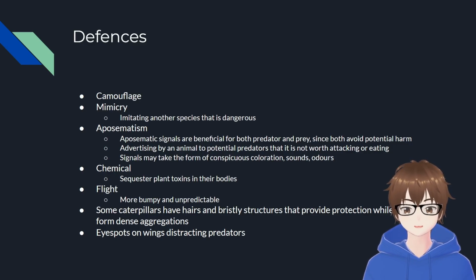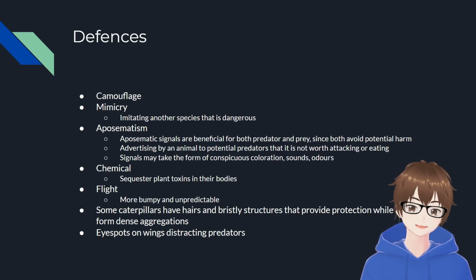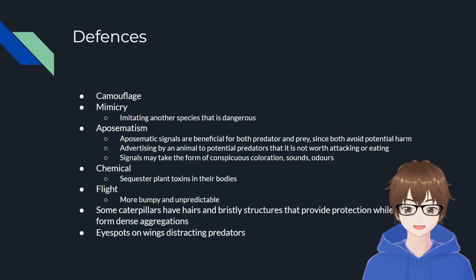This is because whenever the monarch is a caterpillar, it will eat milkweed. Milkweed, of course, is toxic, so whenever the caterpillar eats the milkweed, it will sequester the plant toxins in its body. And these will stay whenever it is a butterfly. Then also flight.